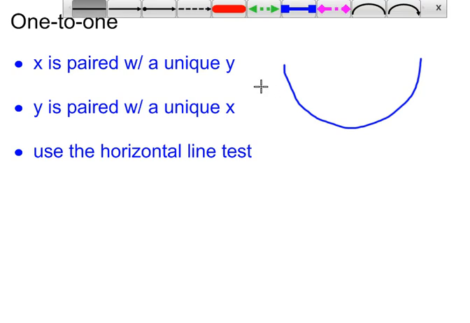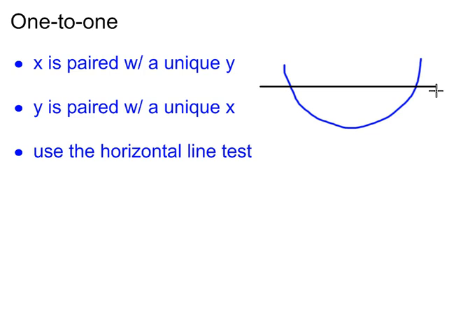But if I draw in a horizontal line, you notice that the horizontal line is going to intersect the graph more than once, which tells me that this function is not one-to-one. If it is one-to-one, it will only intersect the graph once. So if it does it anywhere in the graph, as you can see, it's going to do it in numerous places, which means that this function is not one-to-one.